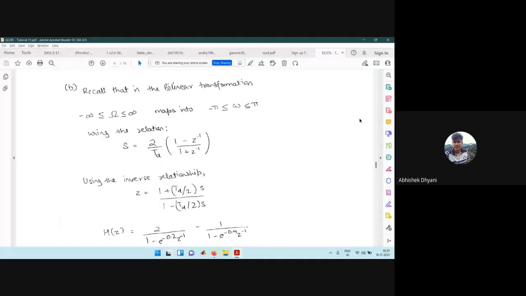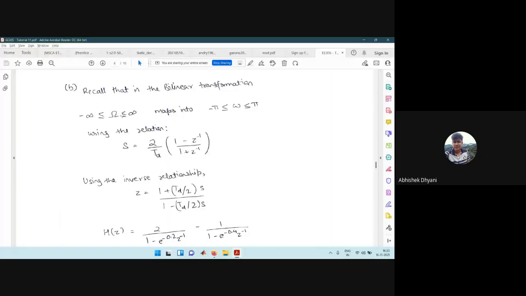So first of all, what we need to recall about bilinear transformation is that essentially we are mapping the frequency in the continuous time to the frequency in the discrete time, small omega. Frequency in the continuous time varies from minus infinity to infinity. But for discrete time, the frequency is between minus pi to pi, so it is finite. And the relation that we will use, and that we also saw in the lecture, is that S is related to Z like this.